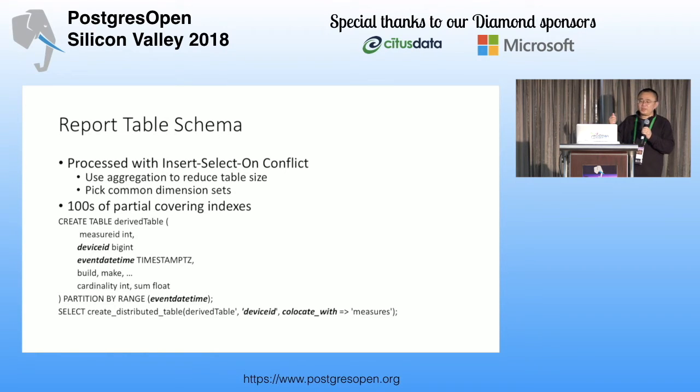And also, since all the query reporting is on, say, the event time, I just get rid of the process time. And then it has a few common dimensions depending on what the purpose of this table is for. So the device ID, I just showed this, say, the Citus extension syntax, which allows this table to be co-located with the measure table.